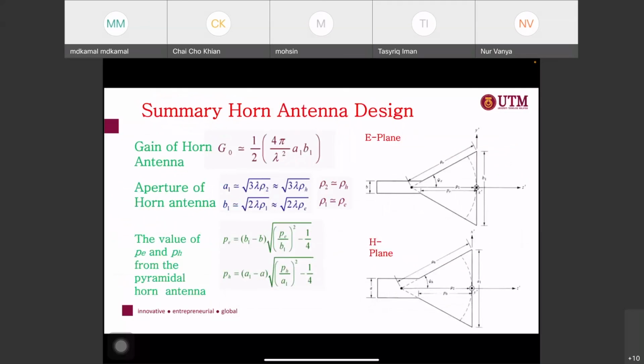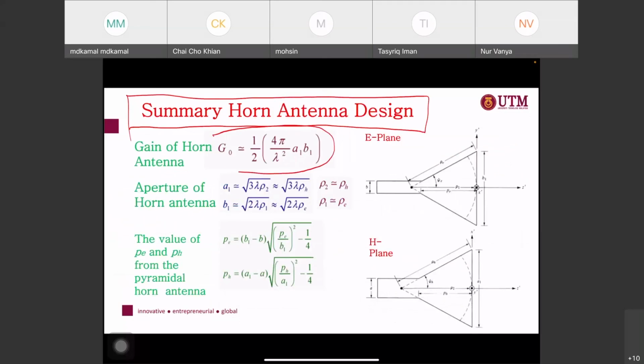Okay, so as a summary for the horn antenna design here, what you need to do is find what is the gain, G naught, gain of the antenna. And also you find out your A1, actually the aperture size. So this is your A1 here, is 3 lambda rho 2.